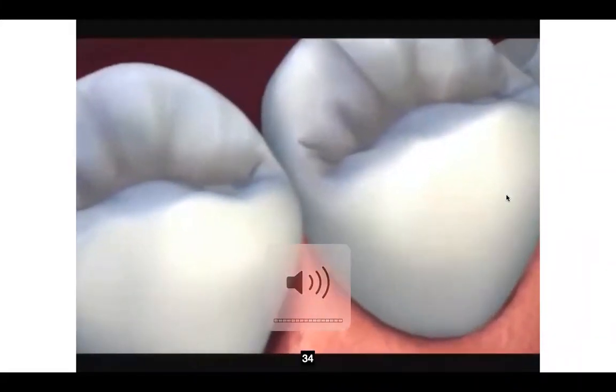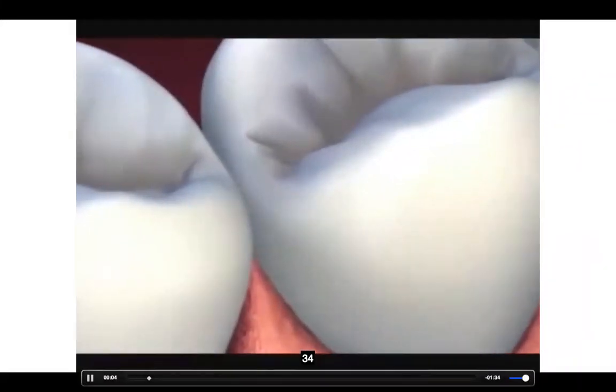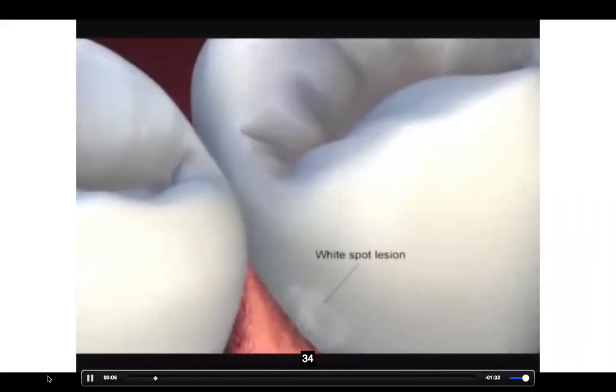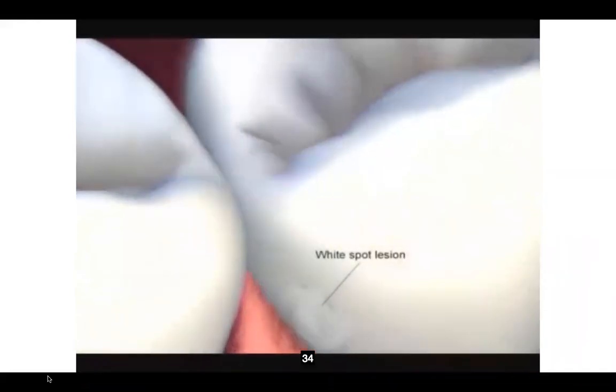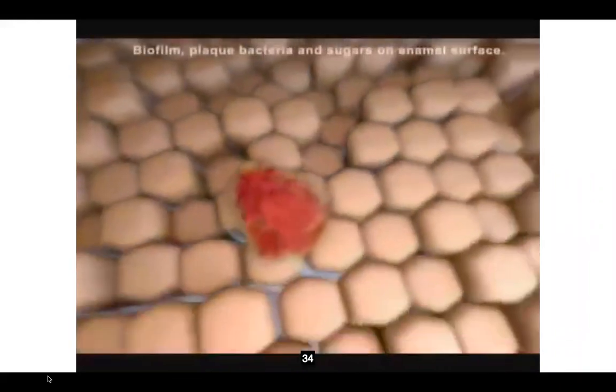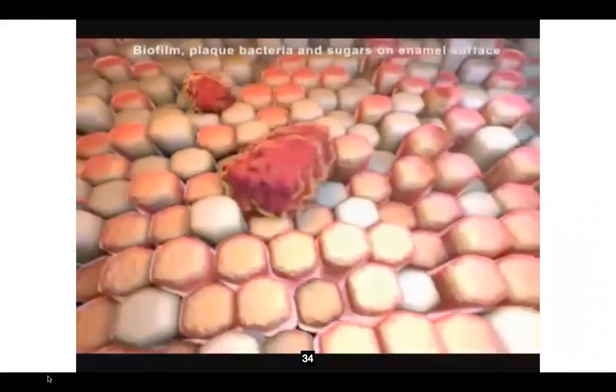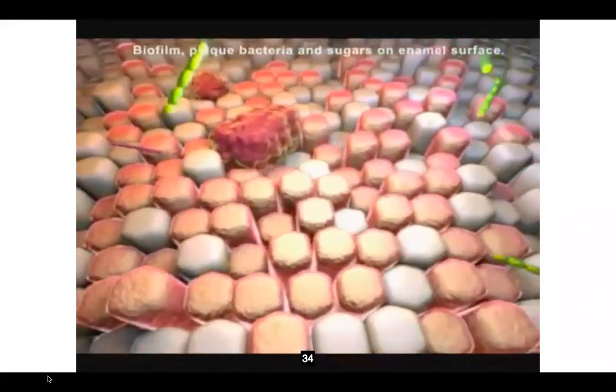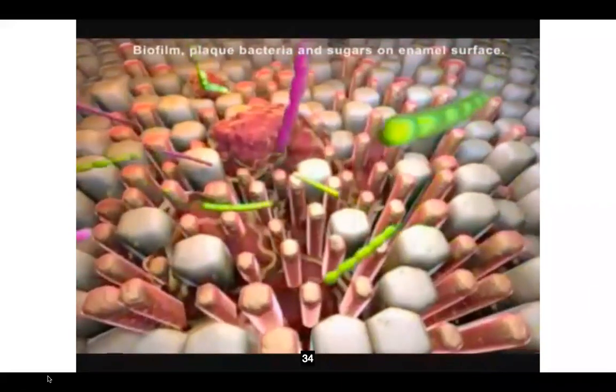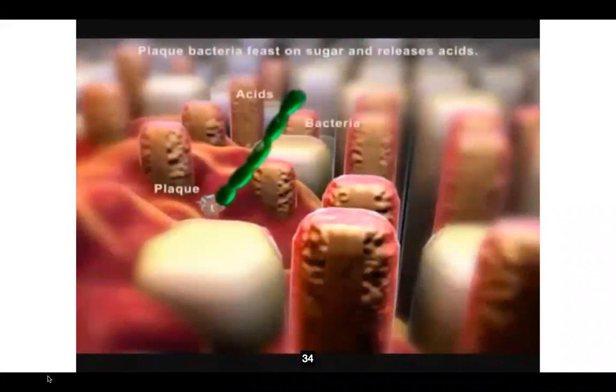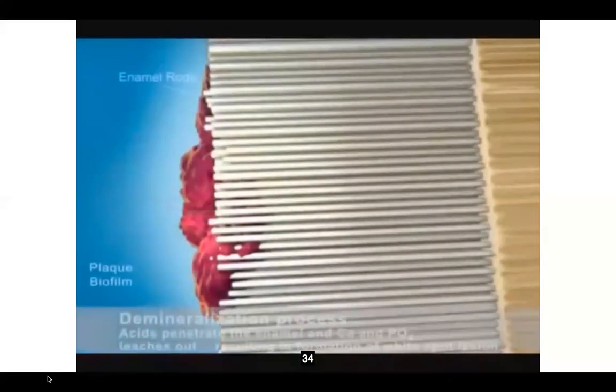White spot lesions are common occurrences among many patients, especially children. White spot lesions start with the accumulation of plaque bacteria. The bacteria feast on sugars and release acids, which in turn attack the tooth enamel.